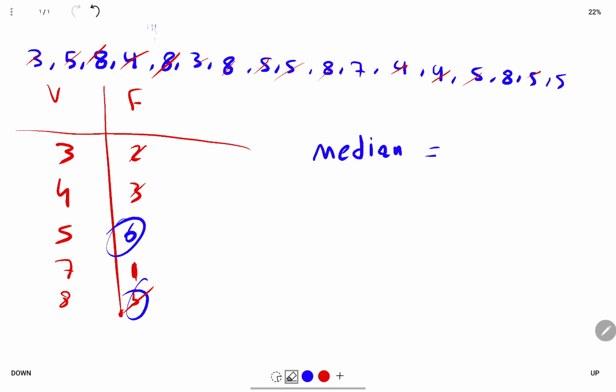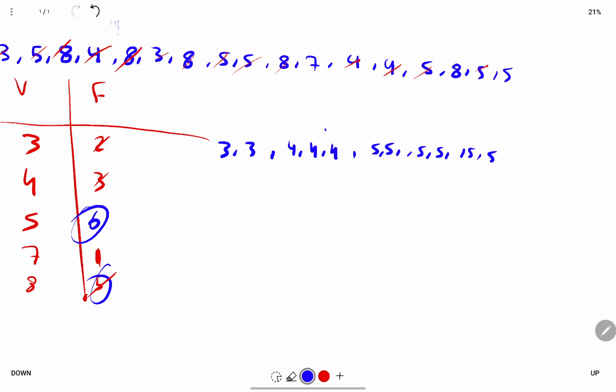Also we have another way. We need to order the numbers. So we have 2 3 and 3 4, 1 2, 3 4 5 6 5 and 1 7 and also 5 8.